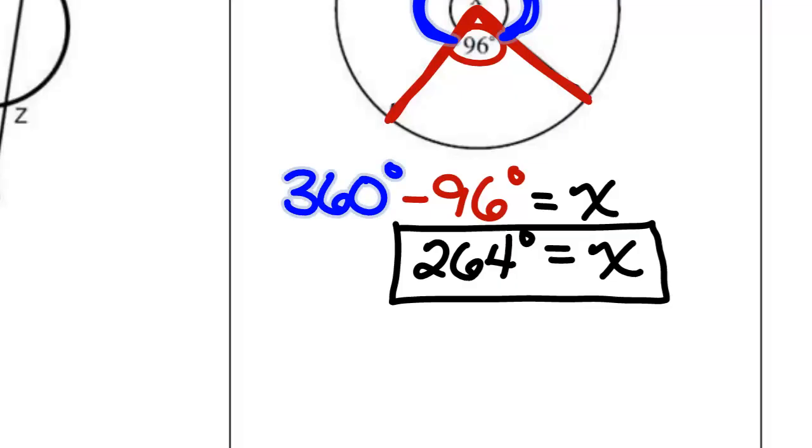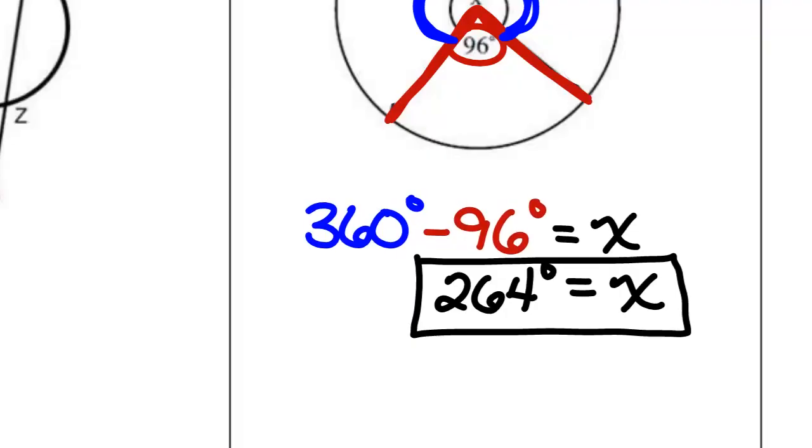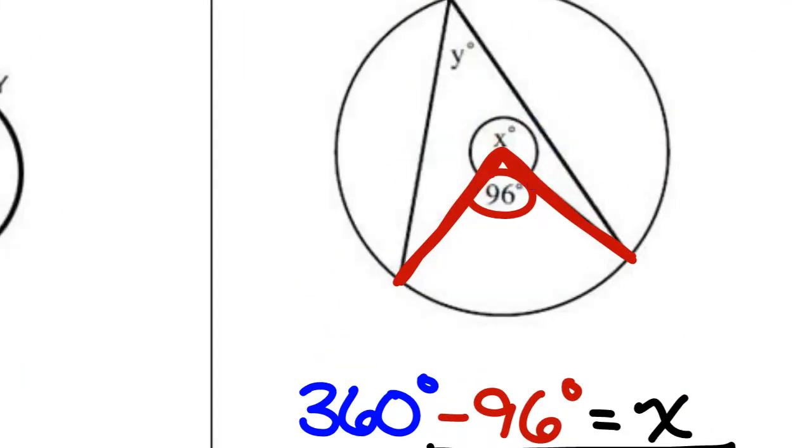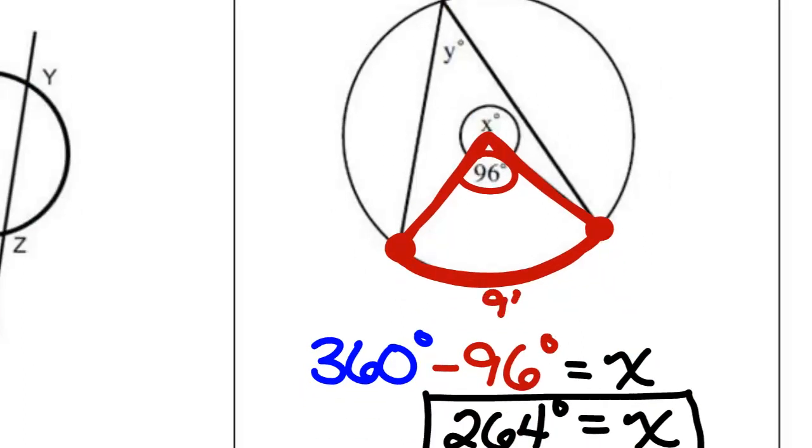All right. Then they want me to find y. Before I find y, I want you guys to tell me how big the arc is from right here to right over here. 96, yes.